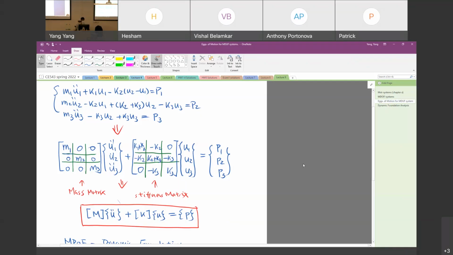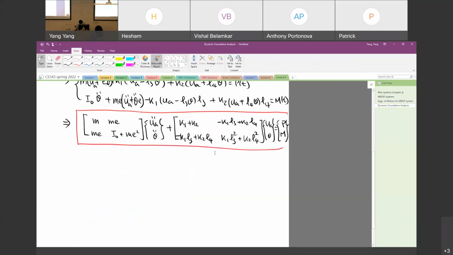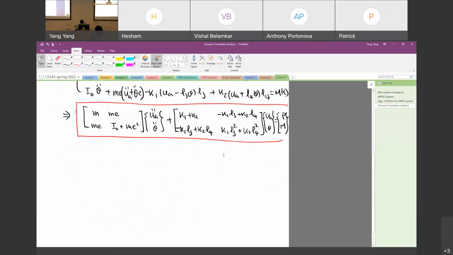Okay, so now let's go over an example to see how we can formulate the equation. That example is based on your textbook, the homework, homework problem 9.1.